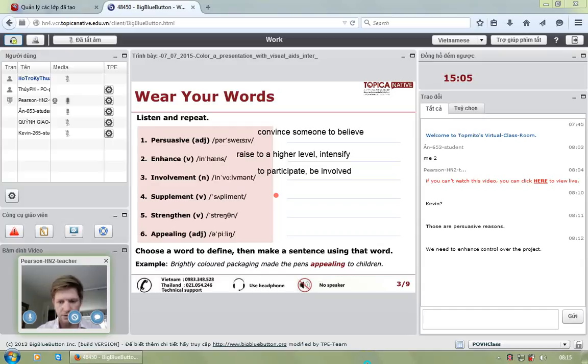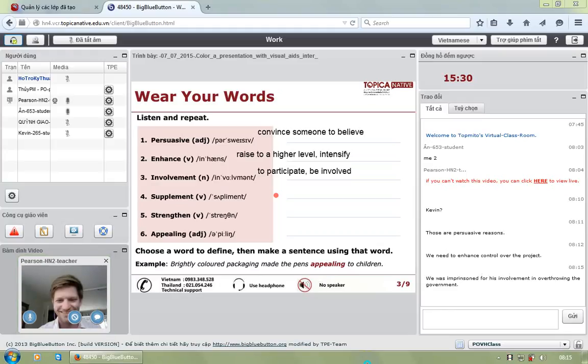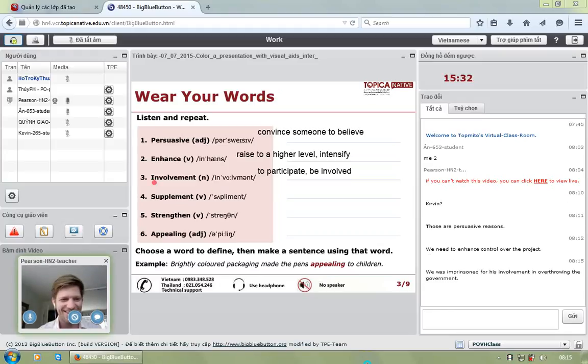He was in prison for his involvement in overthrowing the government. Yeah, that has a lot of very strong words in it, and it's a very interesting sentence. It's almost like I want to ask you more about the story. What happened there? Life sentence. Okay. Yeah, I'm interested about this story.